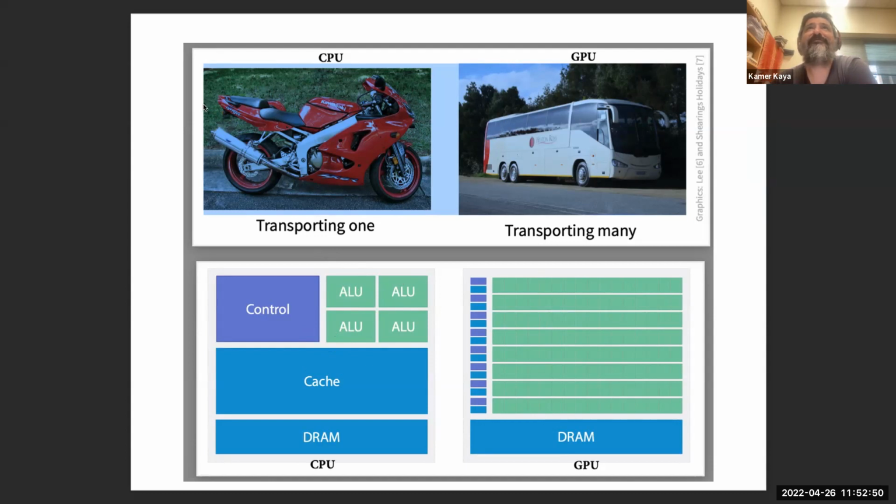So we have complicated, sophisticated CPU cores that can do a few operations, but really fast. We have many GPU cores, thousands of cores. They are simpler, but they perform. When you combine their power, they can be much faster than a CPU, especially if your application is suitable for it. So these are the main differences between the CPU and the GPU.